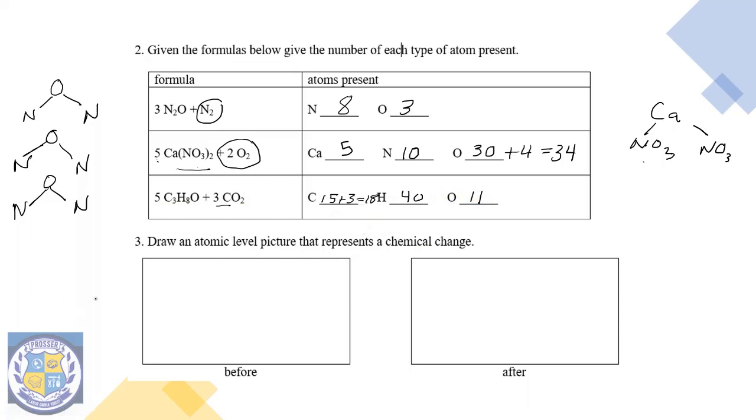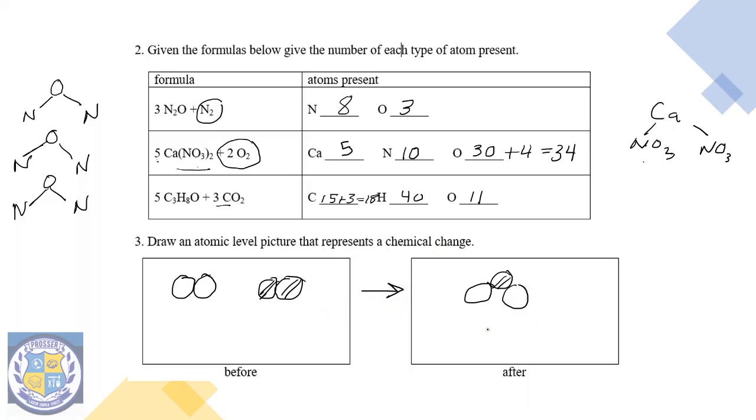Okay, draw an atomic level picture that represents chemical change. Well, that's easy. Why don't we use our water example? And then we make water. And here's the arrow.